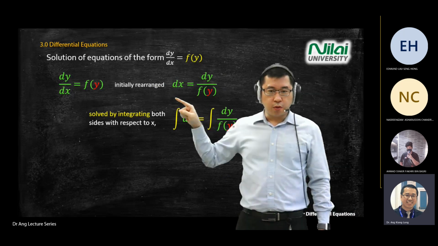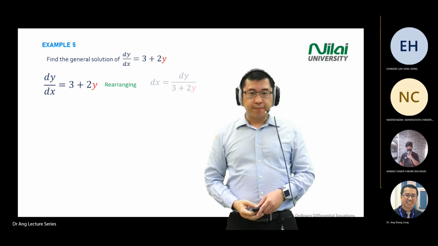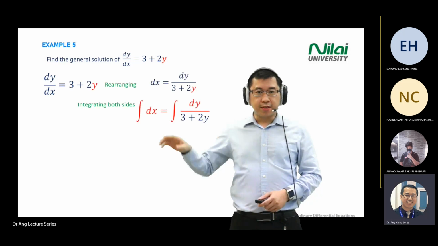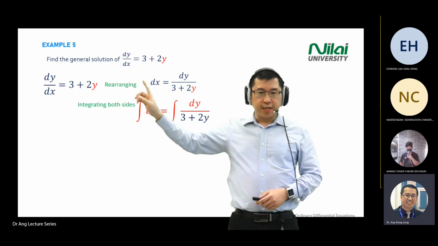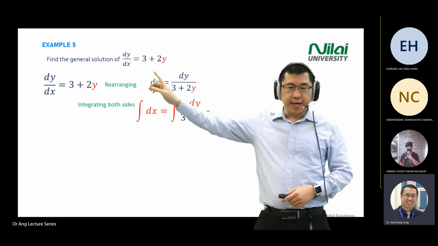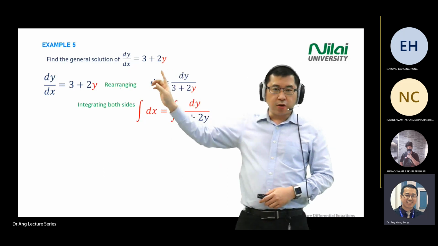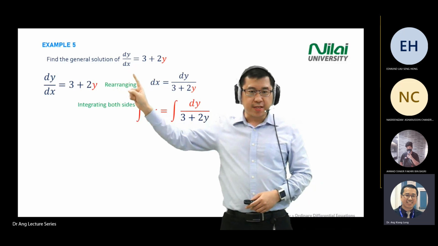All right. So for example, the example that we saw yesterday. The steps will be: you look at the equation, then you arrange it so that dy dx is on one side and the equation on the other side. After that, you move y to one side, x to the other side.